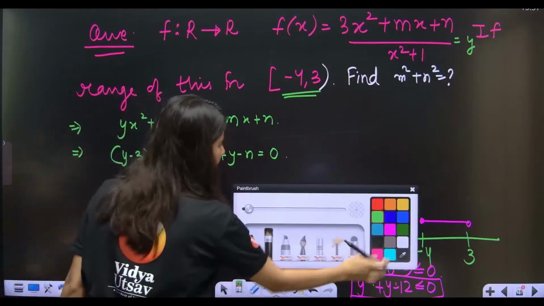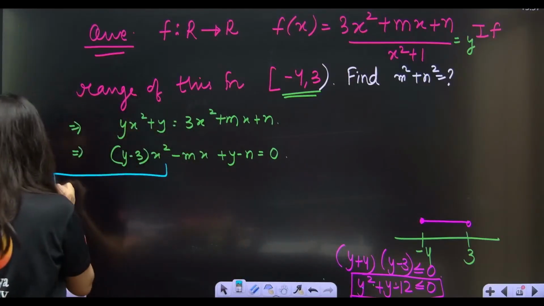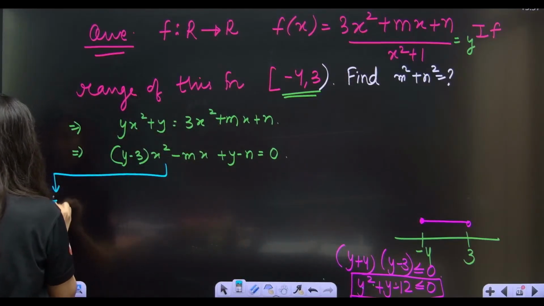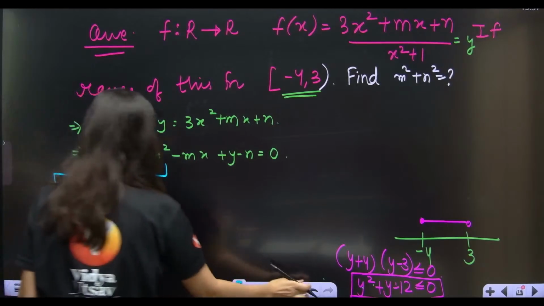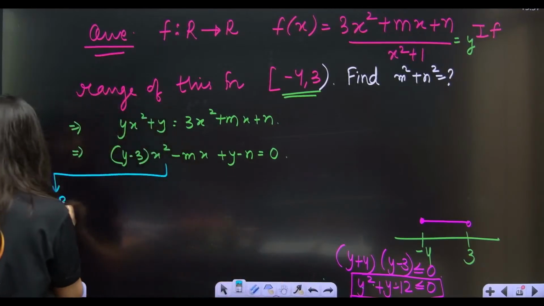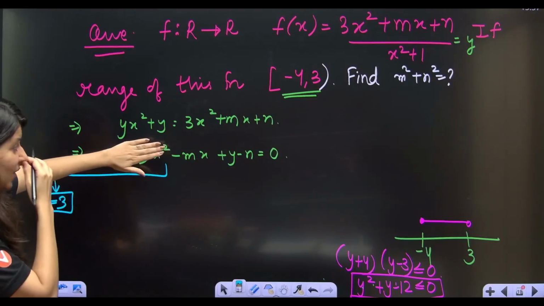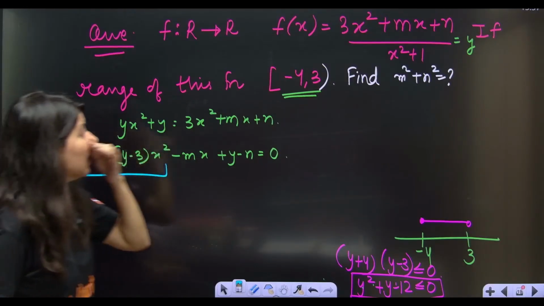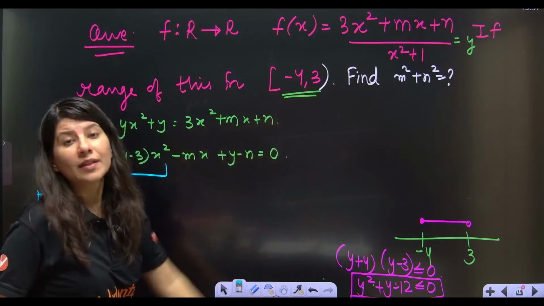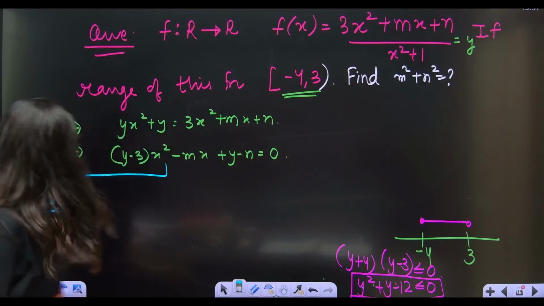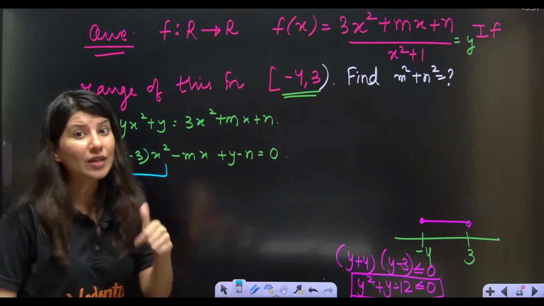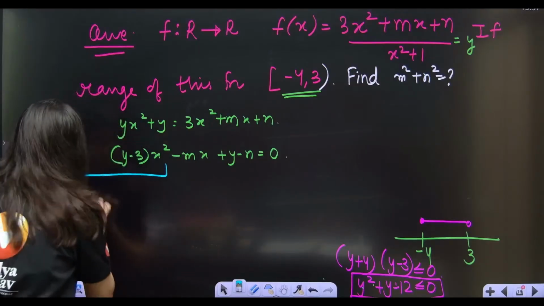Can you see the quadratic in x? Now obviously y not equal to 3, y is equal to 3 is handled separately. See, 3 is actually not in your range. That means eventually 3 is going to get rejected. You have to reject 3.